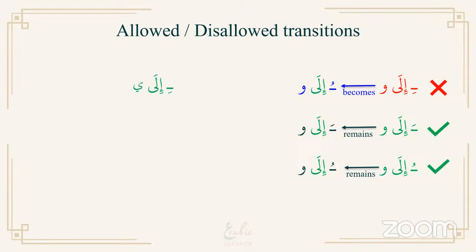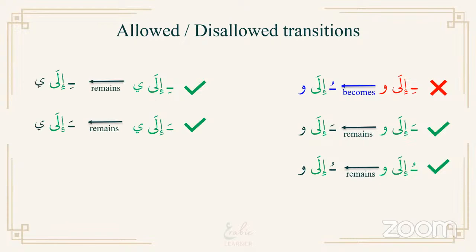In another situation, there can be a Kasra on the letter before it, followed by Ya. This is allowed. In the same way, another situation in which Fatha is on the letter and it is followed by Ya, this is also allowed. So in both these cases, you don't need any change.